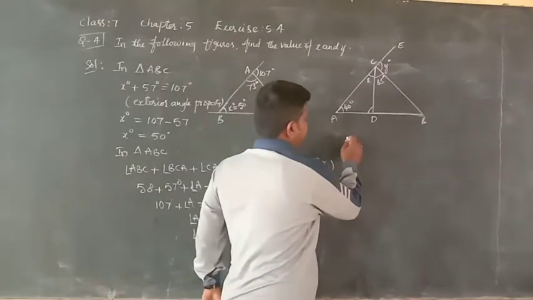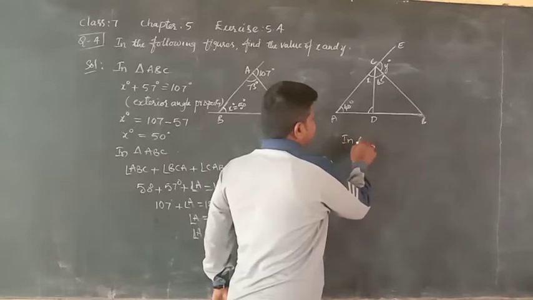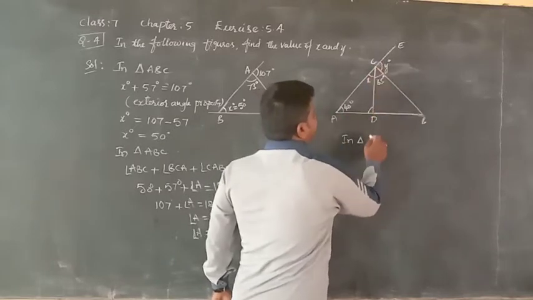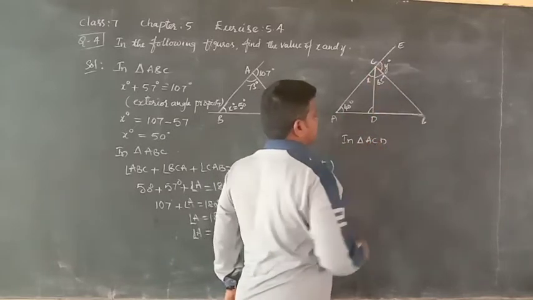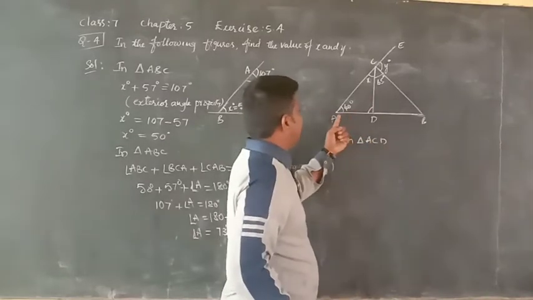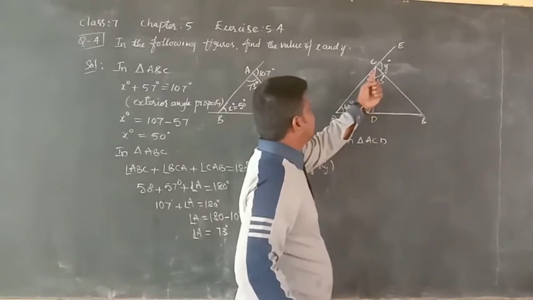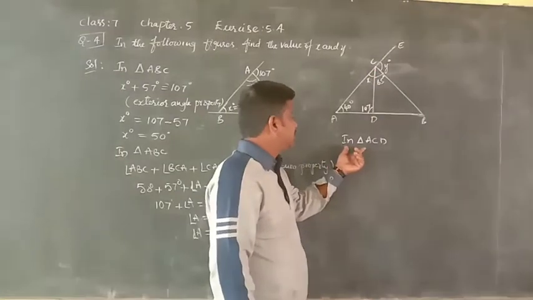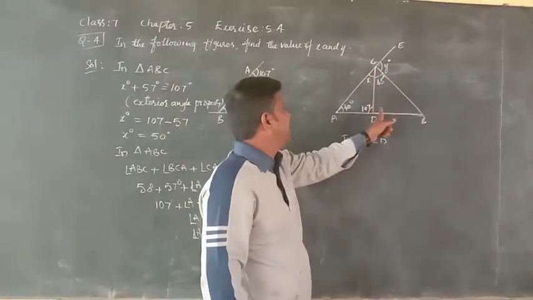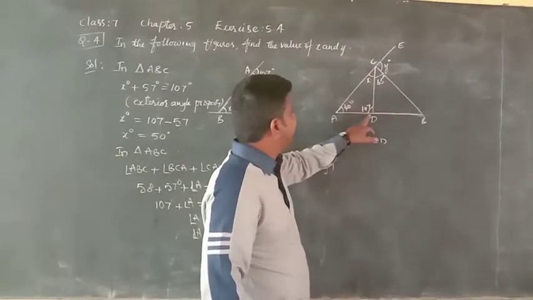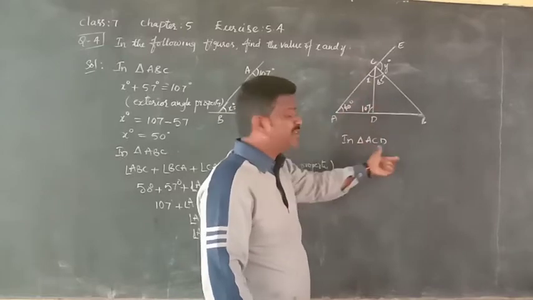So, in triangle ACD, angle A plus angle D plus angle C is equal to 180 degrees.